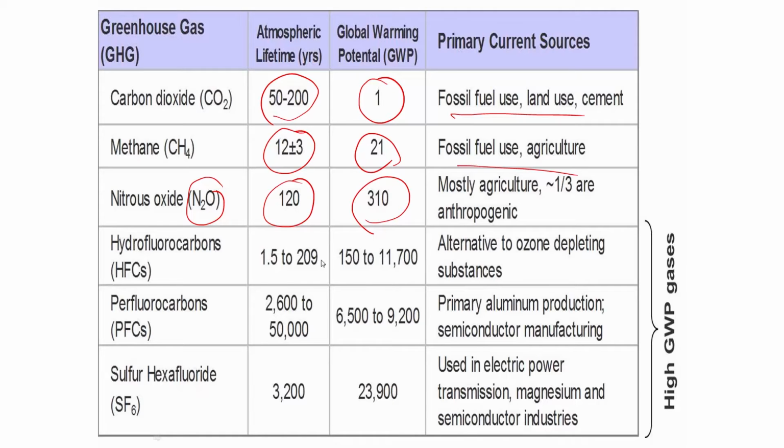Hydrofluorocarbons' lifetime depends on the particular species, can be very short like 1.5 years to more than 200 years, and the global warming potential can be 11,700 times the carbon dioxide.